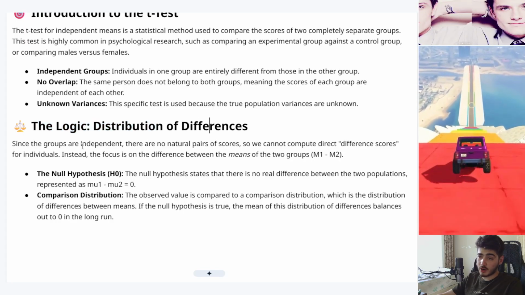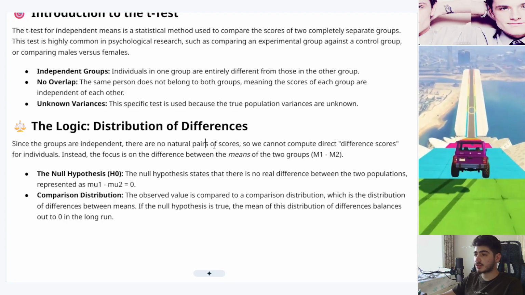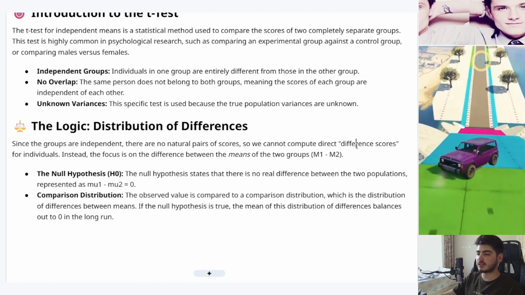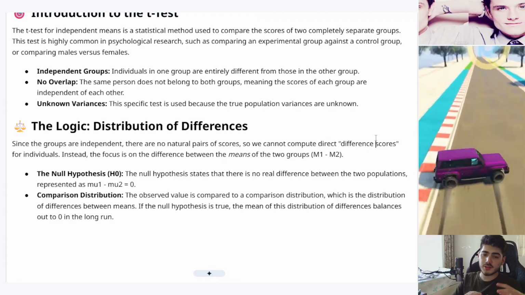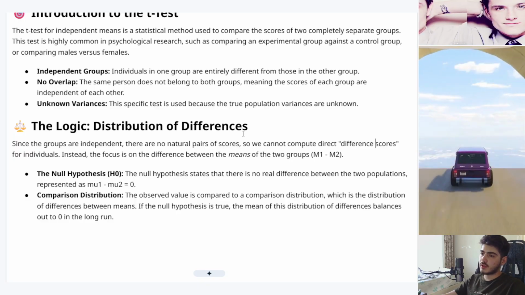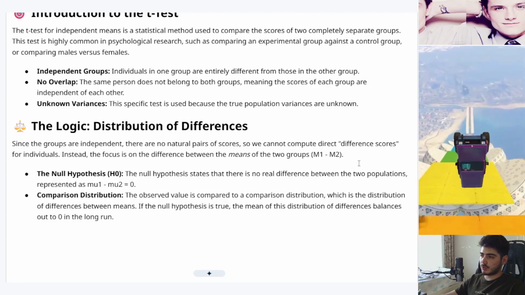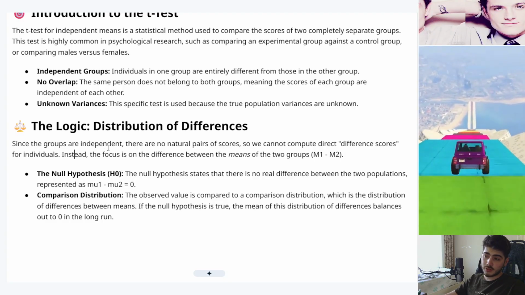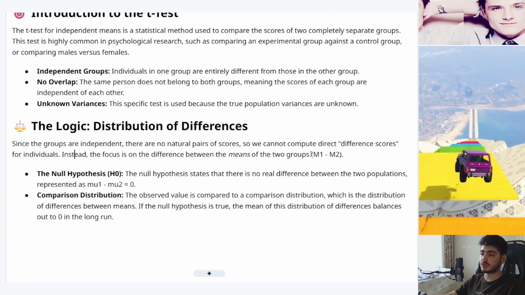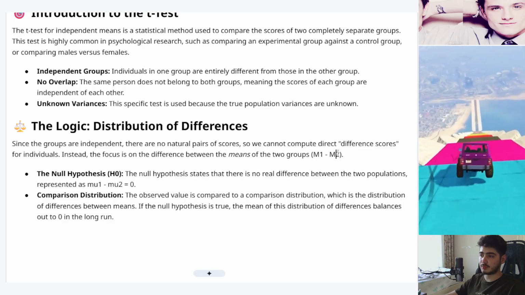Since the groups are independent, there are no natural pairs of scores, so we cannot compute direct difference scores. This is in reference to the dependent means testing for individuals. Instead, the focus is on the difference between the means of the two groups, which is M1 minus M2.